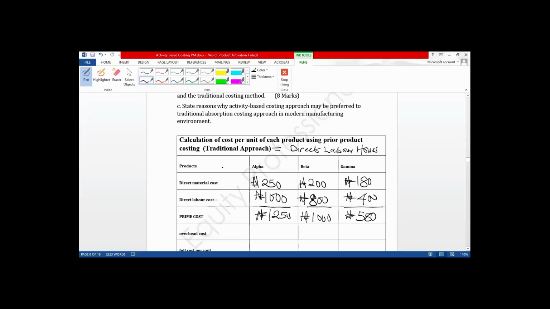Under prior product costing, overhead costs are allocated to products using direct labor hours. Let's go to this calculation.